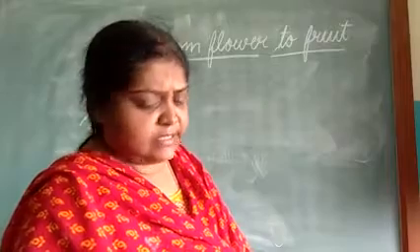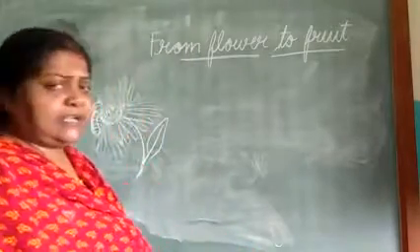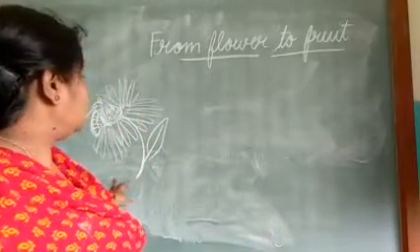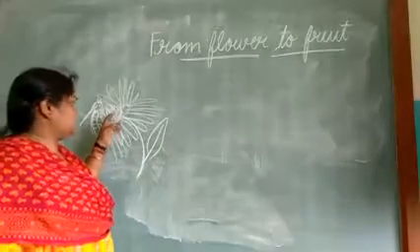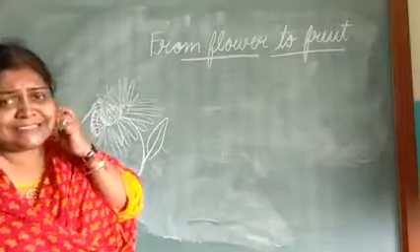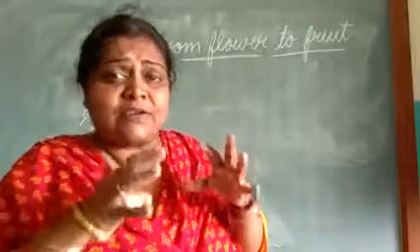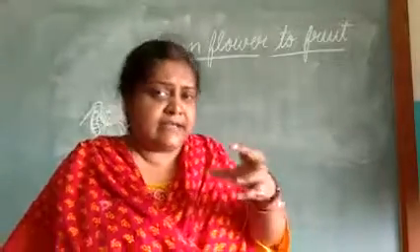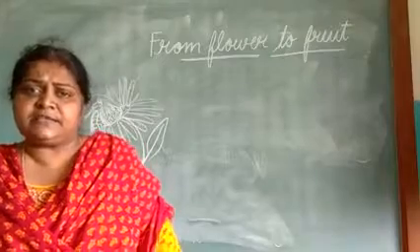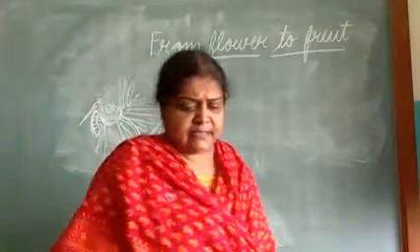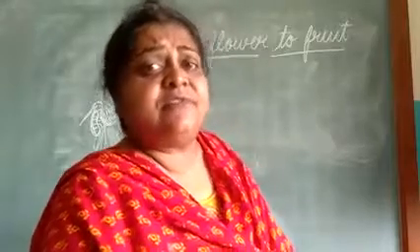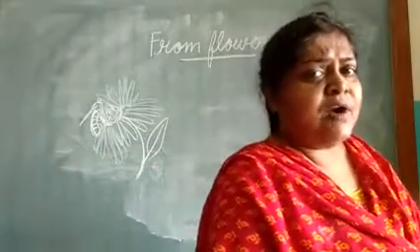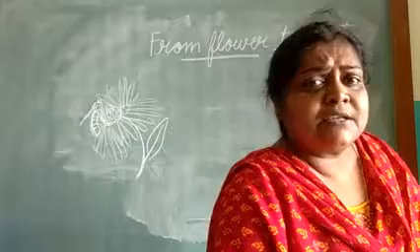You have seen that sometimes insects sit on the flower. What do insects do when they sit on that flower? They collect the nectar from the flower. Yes, they collect the nectar, the sweet juice which is present in the flower. Why do insects sit on the flower?